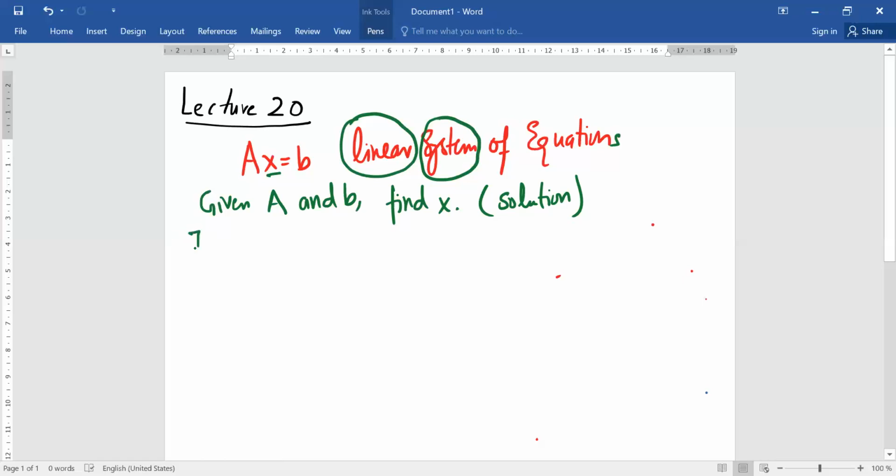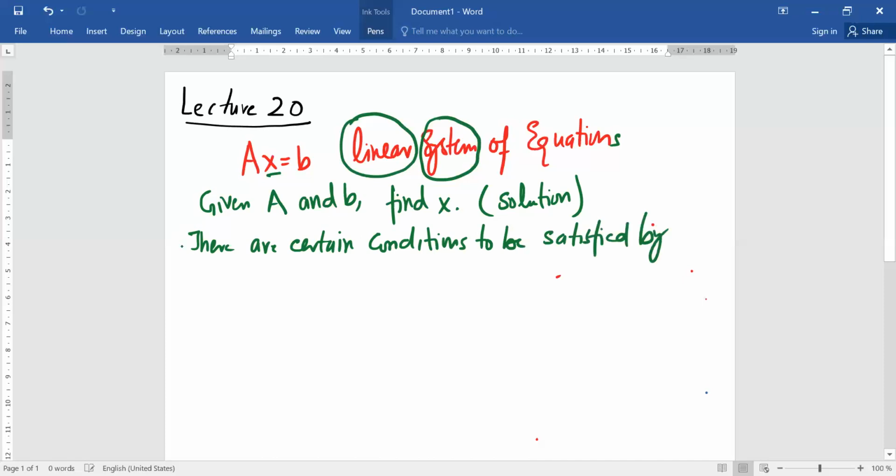So there are certain conditions to be satisfied by A and b in order for us to find x.